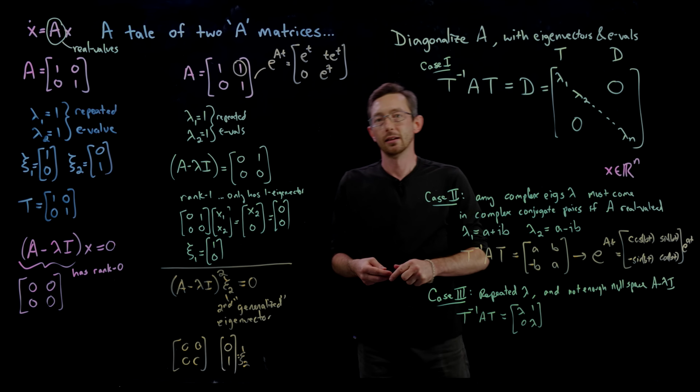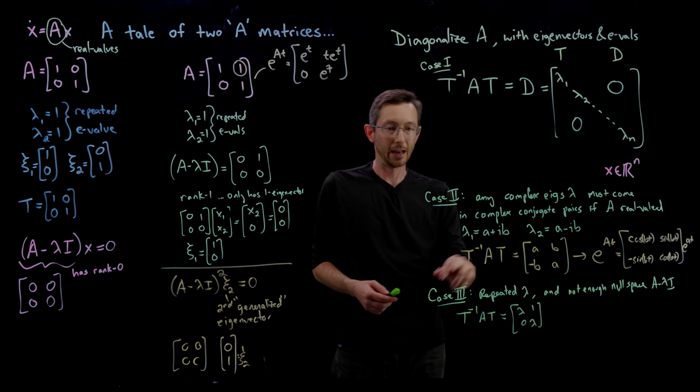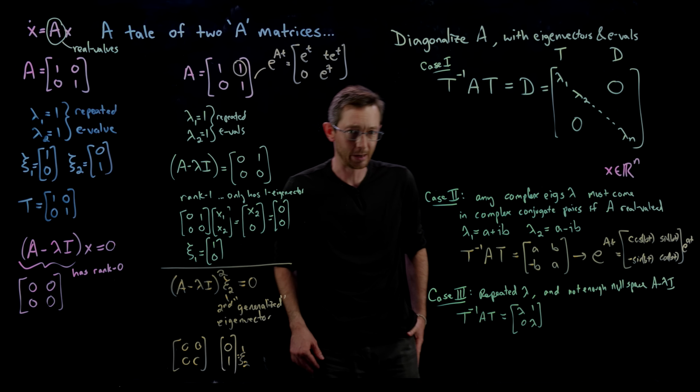That's going to be the kind of canonical thing that you're going to get when you do this eigenvector transformation.